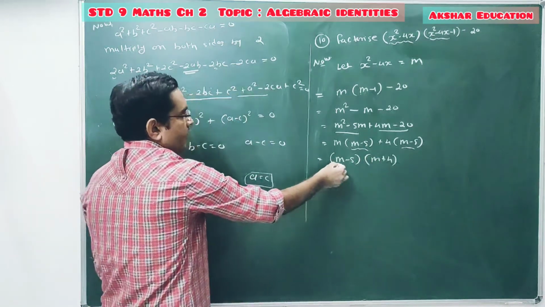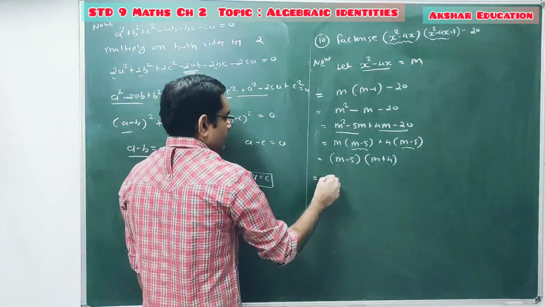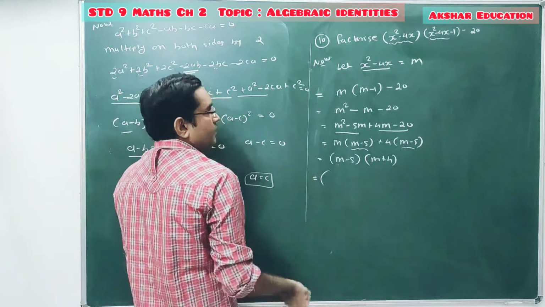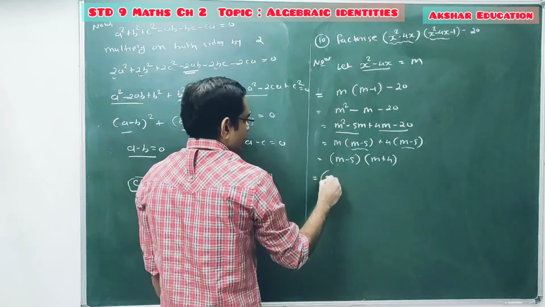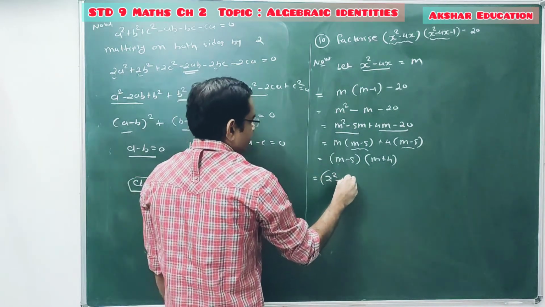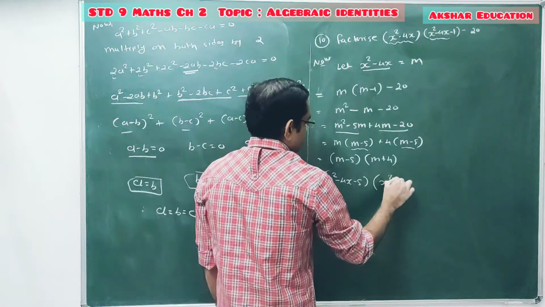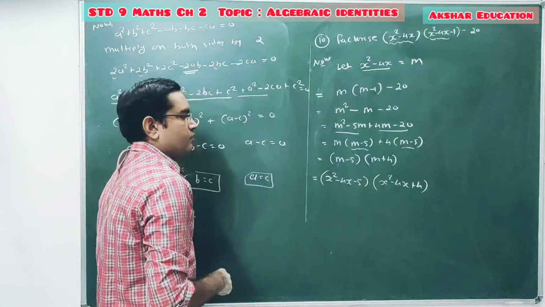But our m is x square minus 4x. That we have to again replace. है ना? कुछ लिया है उसको वापस देना पड़ेगा ना. तो हमने m लिया था तो m वापस दे देते. It's x square minus 4x minus 5, and this one is x square minus 4x plus 4.